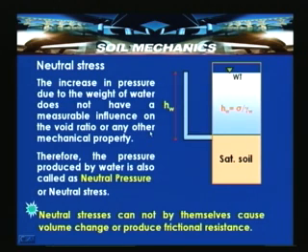So, the properties remain unchanged, because this neutral pressure cannot by itself cause volume change or produce any frictional resistance. Because of this, pore water pressure is also called neutral stress.